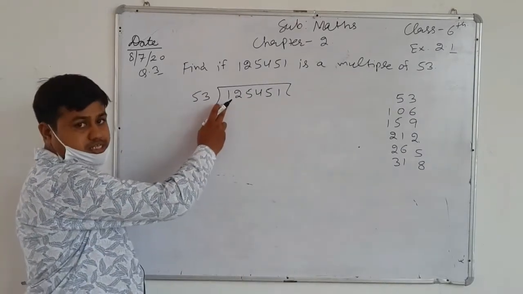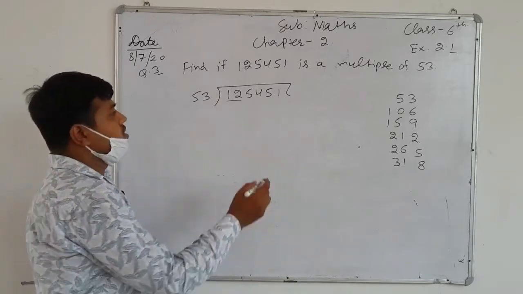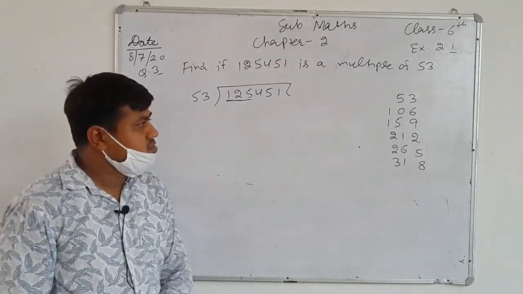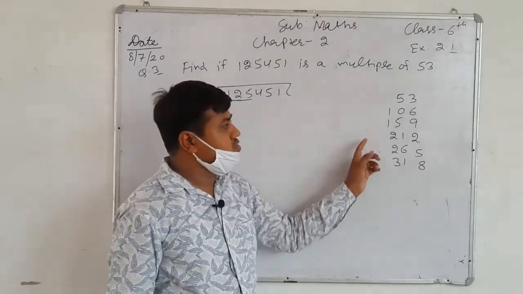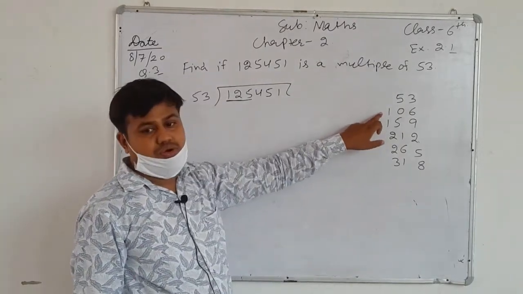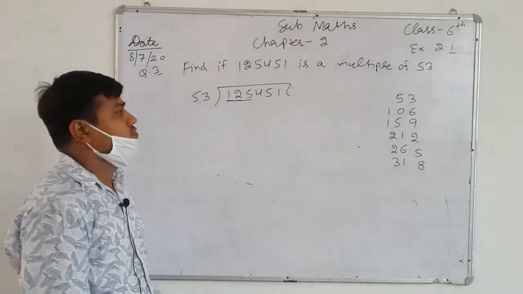If we take one digit, it is not possible. If we take two digits, it is also smaller. We take 125. 125 is not in the table of 53, so we have to choose 106, because 106 is just smaller than 125.